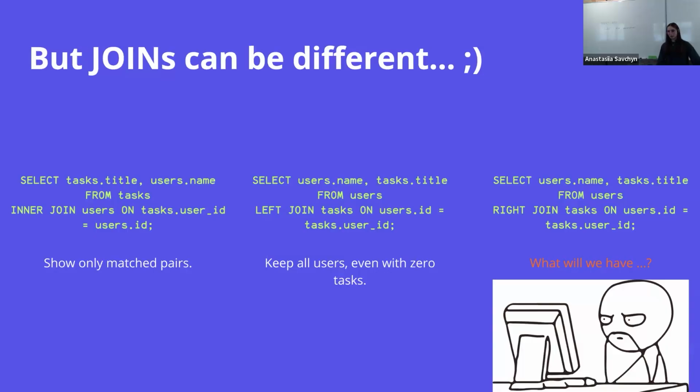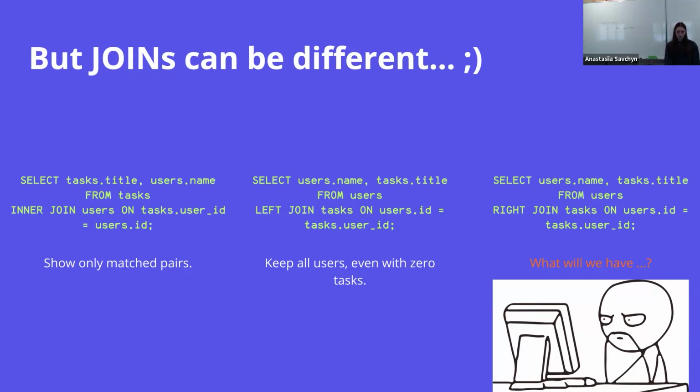So inner join works like a two-way filter. When you are joining two tables, you will get, as a result, only those rows that appear in both tables. That is why it's called inner join. So the result will be only tasks that have the user assigned, and this user exists in the users table.